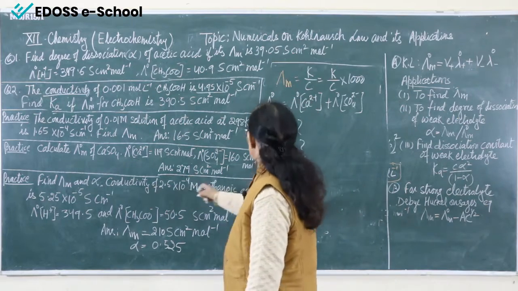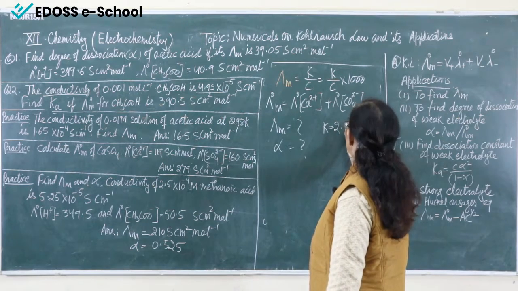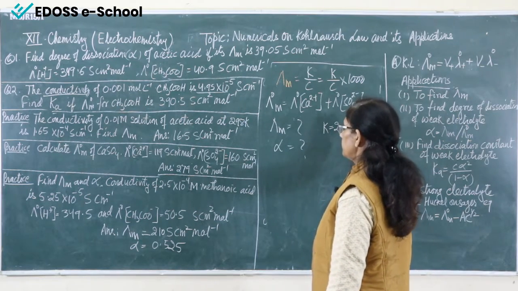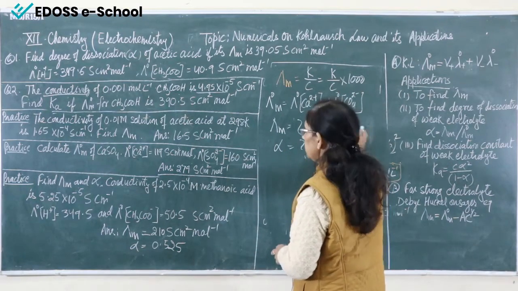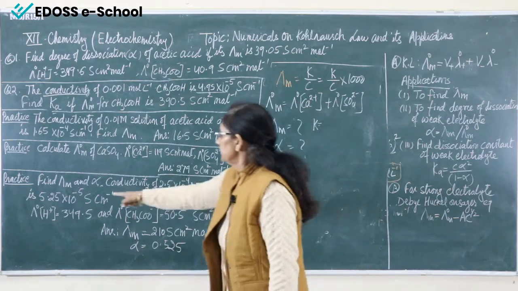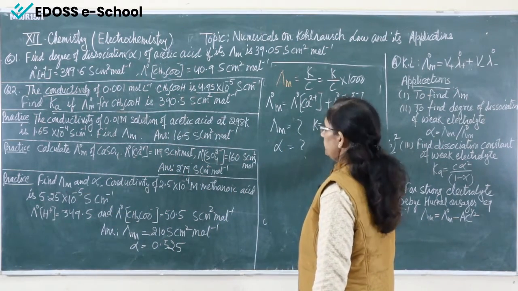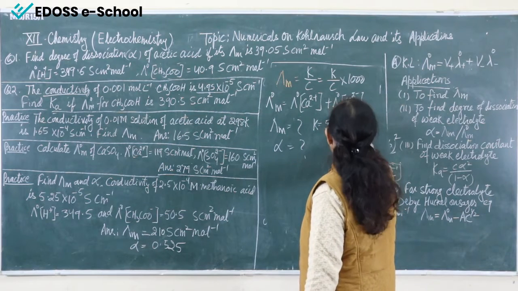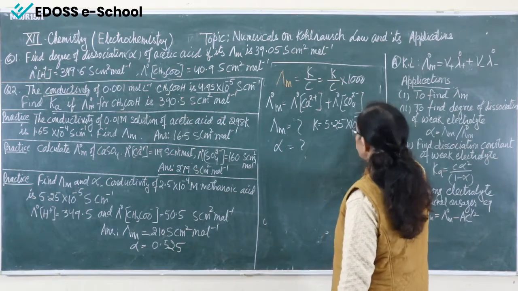And conductivity K is given to you. This is not conductivity, conductivity is 5.25 into 10 raised to power minus 5 Siemens per centimeter.